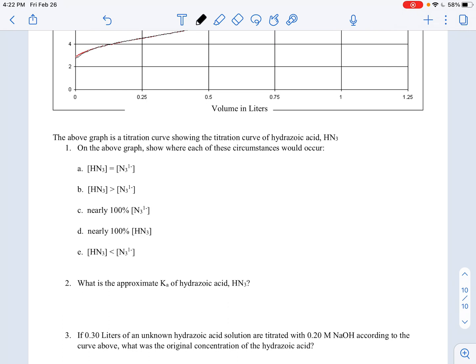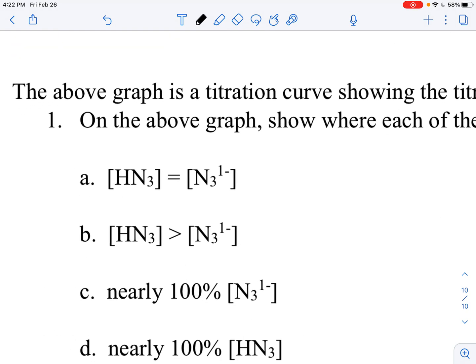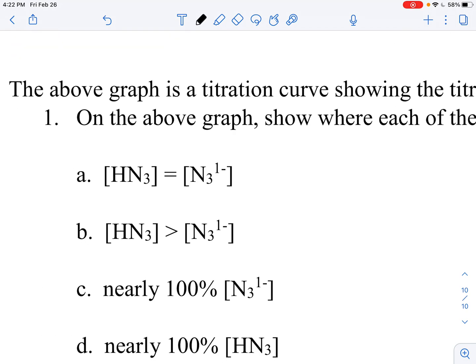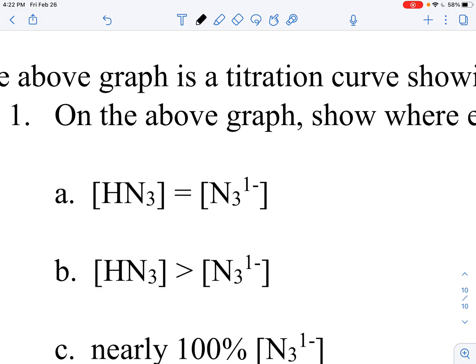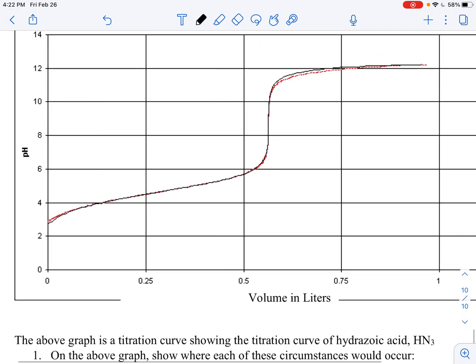It says the above graph is a titration curve of hydrazoic acid. On the above graph, show where each of these circumstances would occur. So part A, where would the amount of weak acid and weak base be the same? Well, let's see. I'm going to call my equivalence point here at about 0.6 liters.